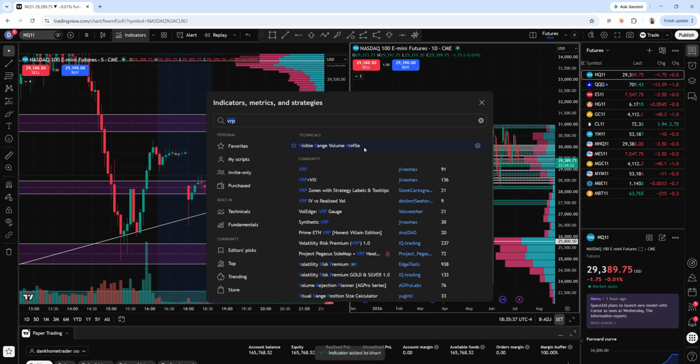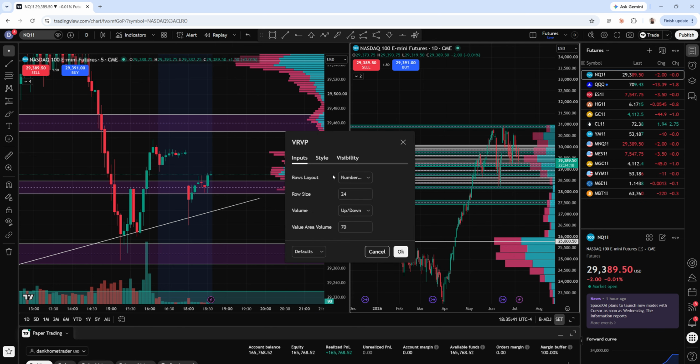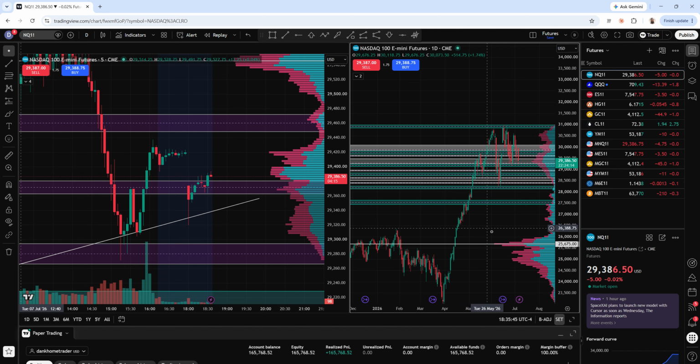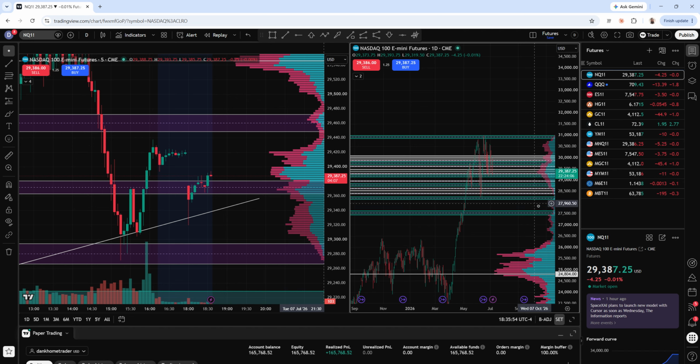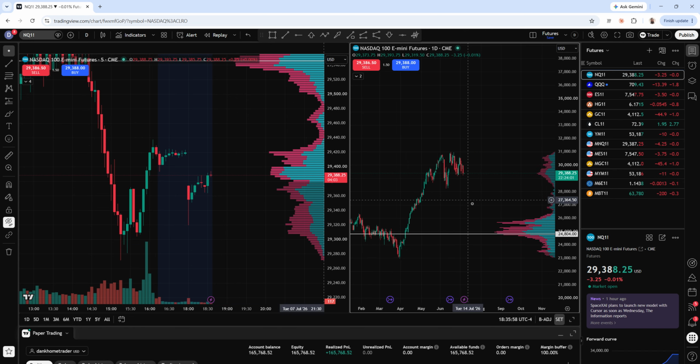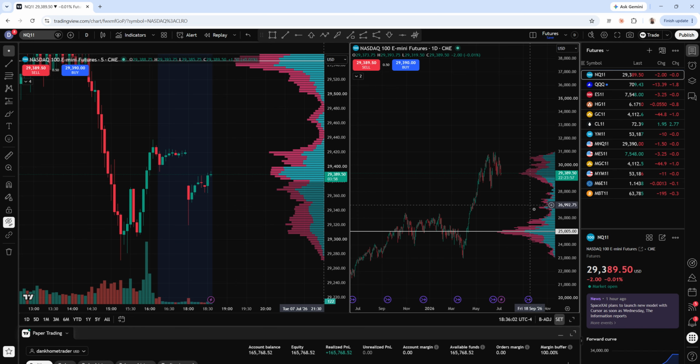There's a distinct gap in the volume between where we had the previous all-time highs, around 26,000, and where we're trading now. If I hide drawings, you can see there's a significant amount of volume that we have not traded in between the two.